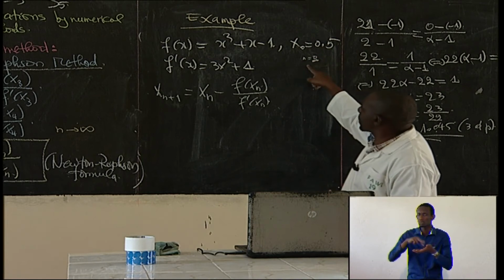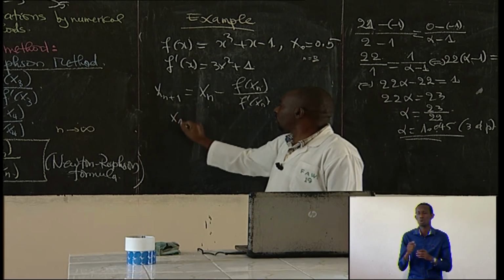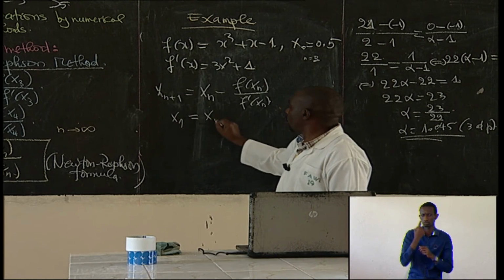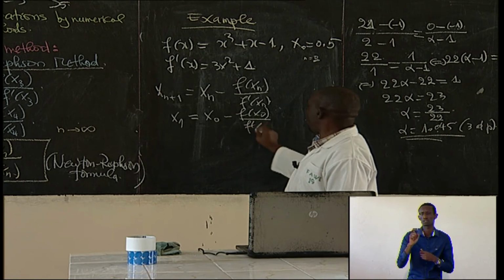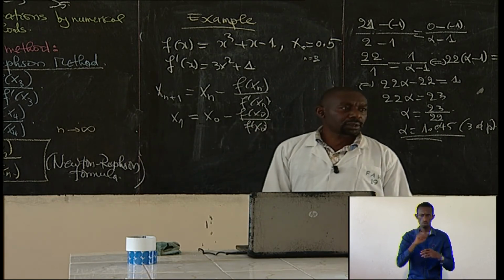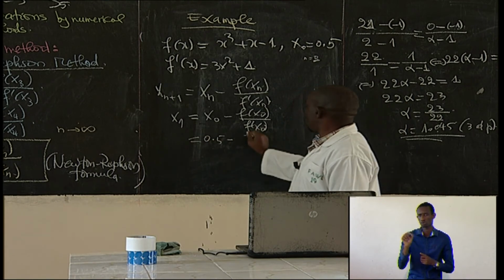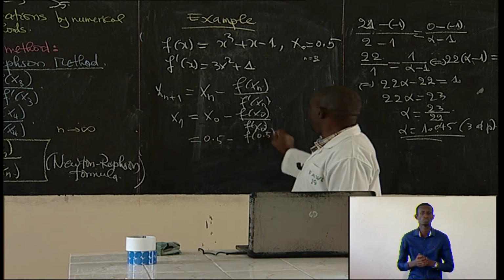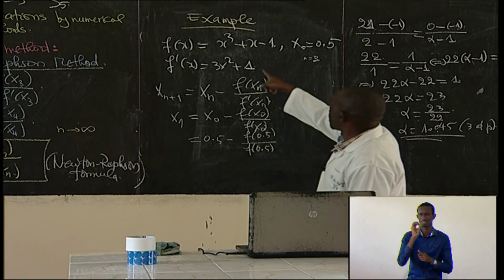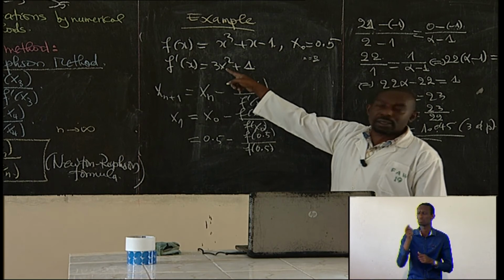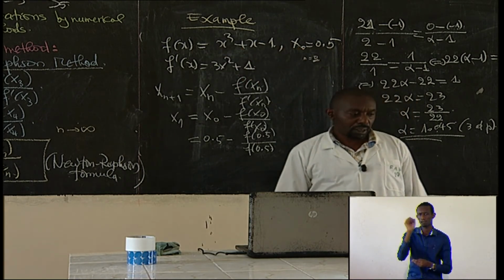The next approximation will replace n by 0, and you get x1, which is equal to x naught minus f of x naught divided by f derivative of x naught, right? And you get 0.5 minus f of 0.5 divided by f derivative of 0.5, meaning that you replace x by 0.5 in this function and in this one.